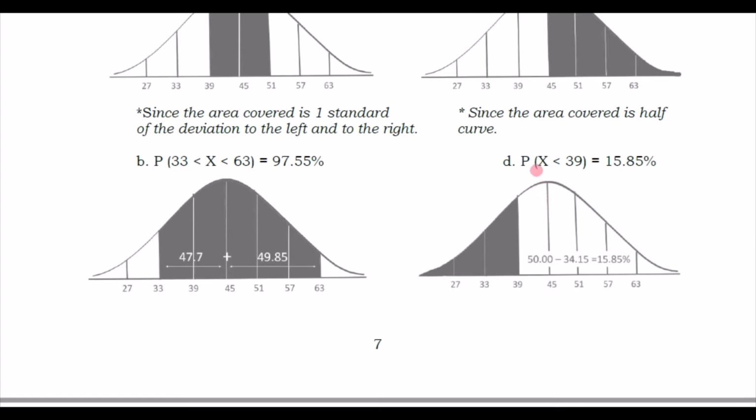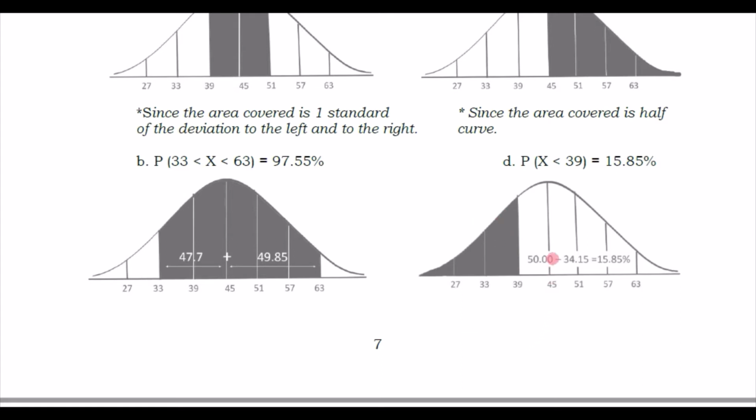letter D. Okay? So, find the probability of x is less than 39. Less than 39. So, hanapin natin yung 39. Ano yung hinahanap? Yung less than 39 o yung mas mababa sa 39. So, itong lahat na to sa left side, gaano daw yan kalaki? Okay? So, balik tayo dun sa property.